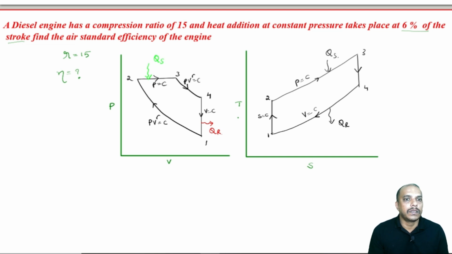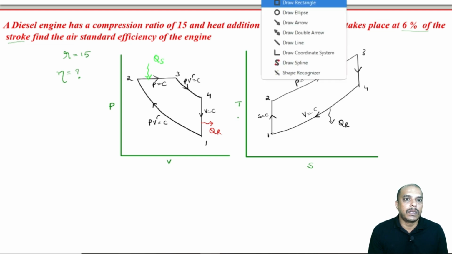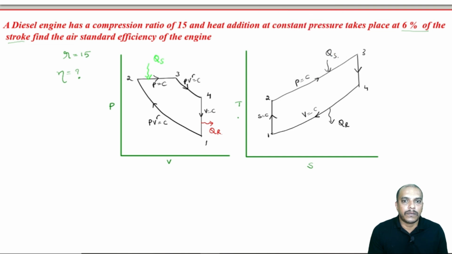Now, let us look at this. Heat addition at constant pressure is here, 2 to 3. So, that takes place at 6% of the stroke. Now, what is 6% of this stroke? Look at where the stroke is. The stroke is from here to here.